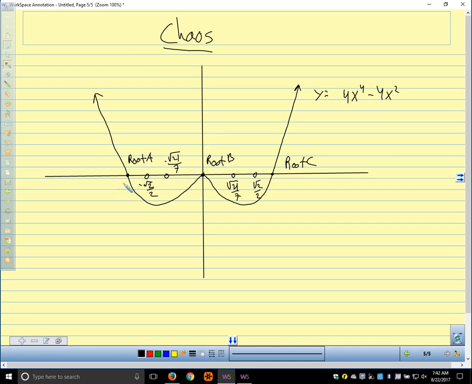Well, what's interesting is in here, we can move the tiniest amount one direction, and we converge to a different root. We can move even tinier, and we'll converge to a different root. We can subdivide that again and move even tinier and converge to a different root. So that's the definition of chaos, is that a small change in your initial conditions, your initial guess, leads to a large change in the outcome.